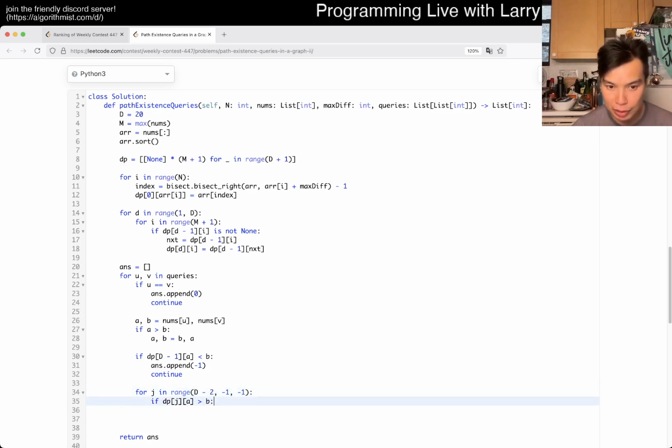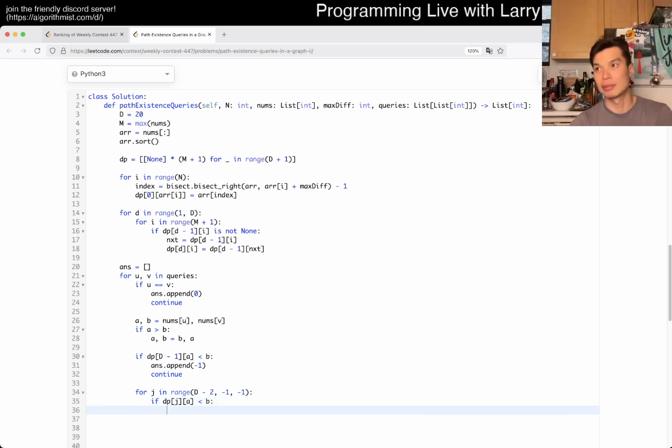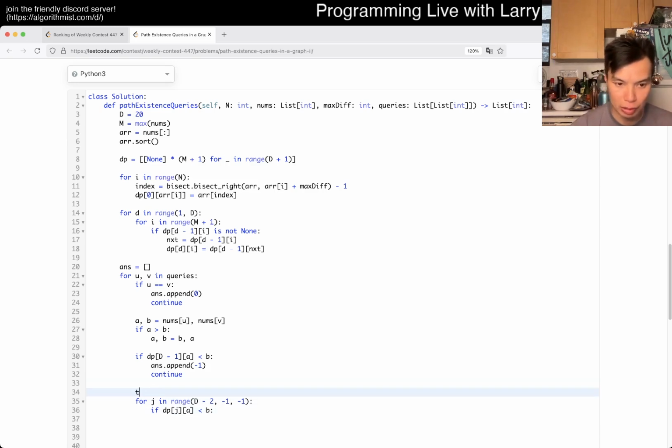And then now, if this is not possible, then we have to take the j plus 1, right? So, okay, total is equal to 0 maybe, and then total plus 1 to the j plus 1.